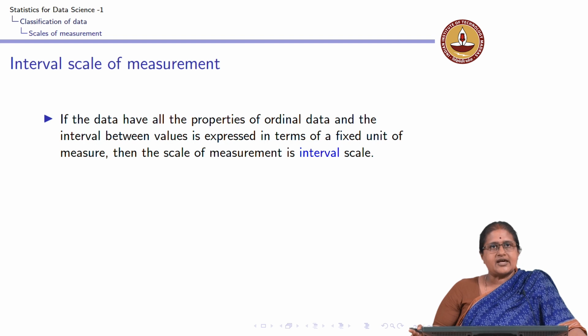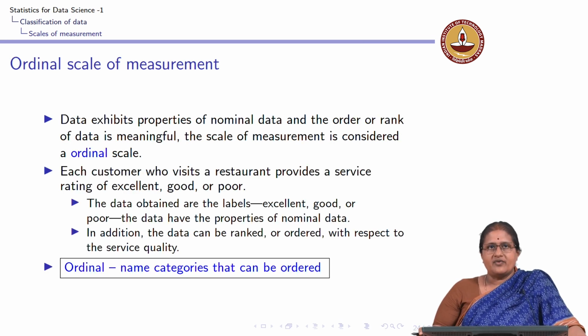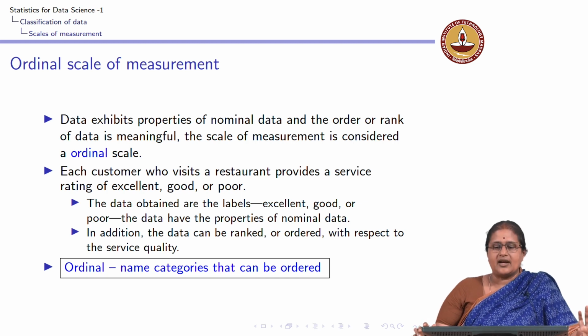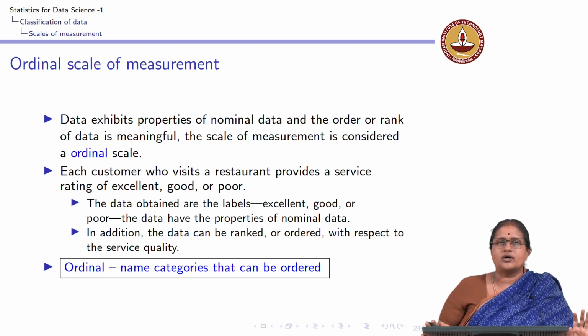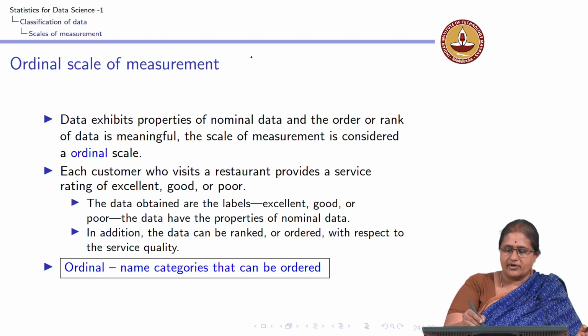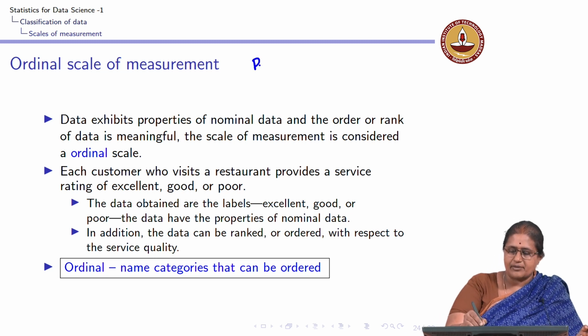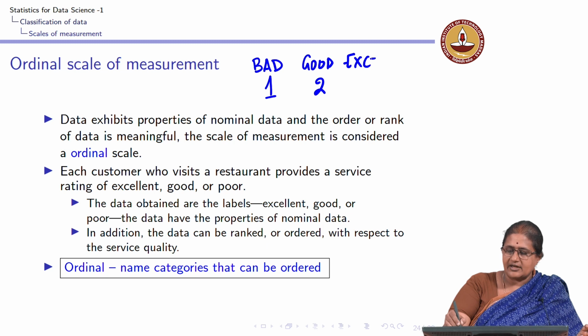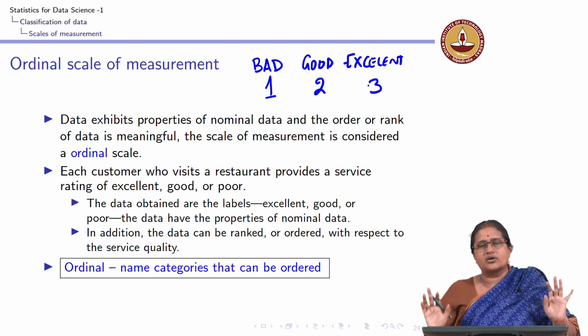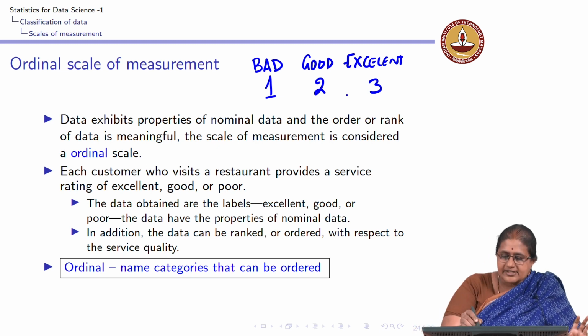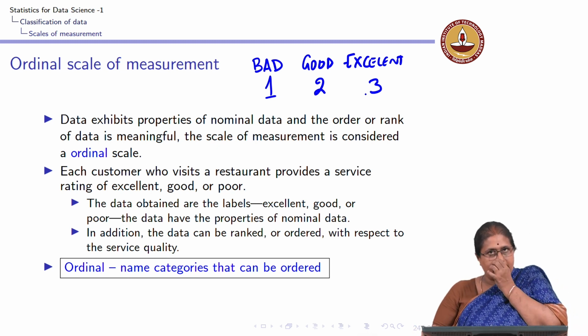The next scale is called an interval scale of measurement. Now, when we talk about the ordinal scale, again I can code it. For example, in our earlier example, bad could have been coded as 1, good as 2 and excellent as 3. There is an order in 1, 2, 3.